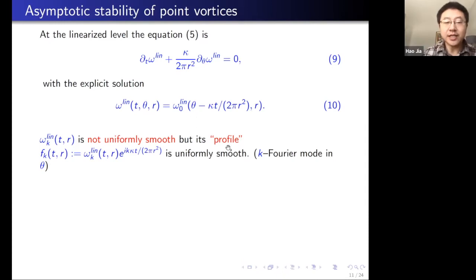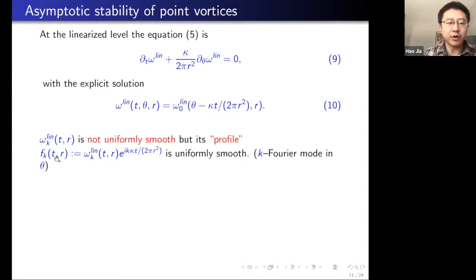But on the other hand, we can normalize this. The fact that it loses regularity is just due to a very specific type of behavior. For instance, if you take the Fourier transform in theta, and we modulate this function by multiplying by an oscillatory factor, we can get this profile.